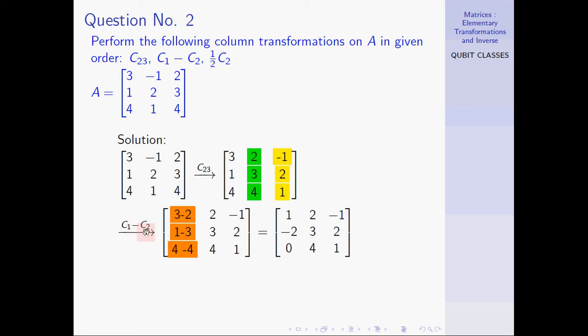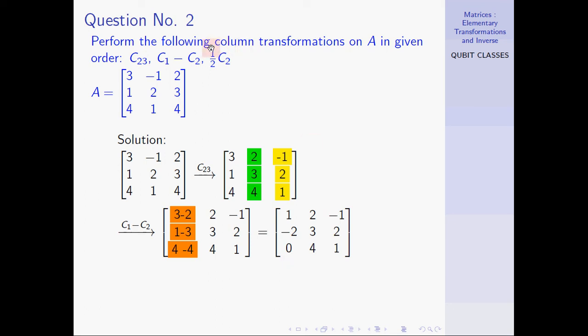So C1 minus C2 will give us 3 minus 2, 1 minus 3 and 4 minus 4. The other two columns will remain unaltered. So 3 minus 2 gives us 1, 1 minus 3 will be minus 2 and 4 minus 4 will be 0.